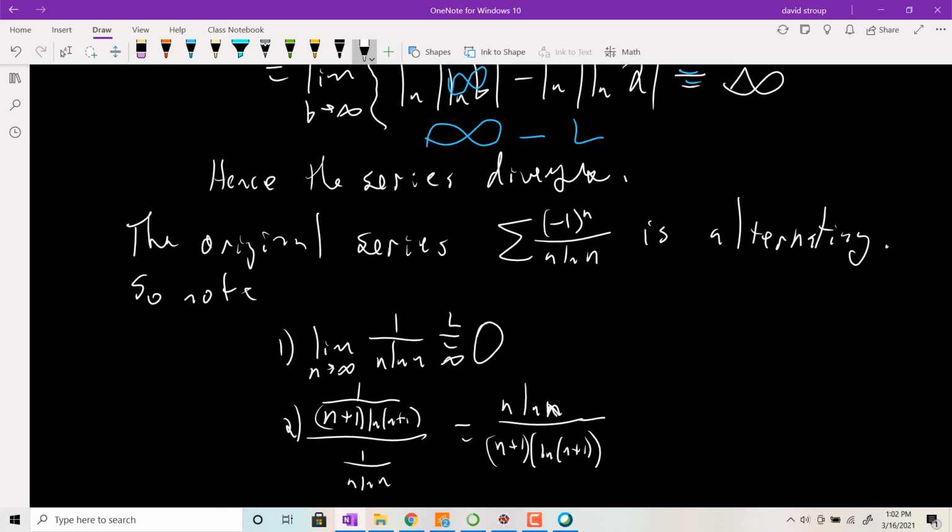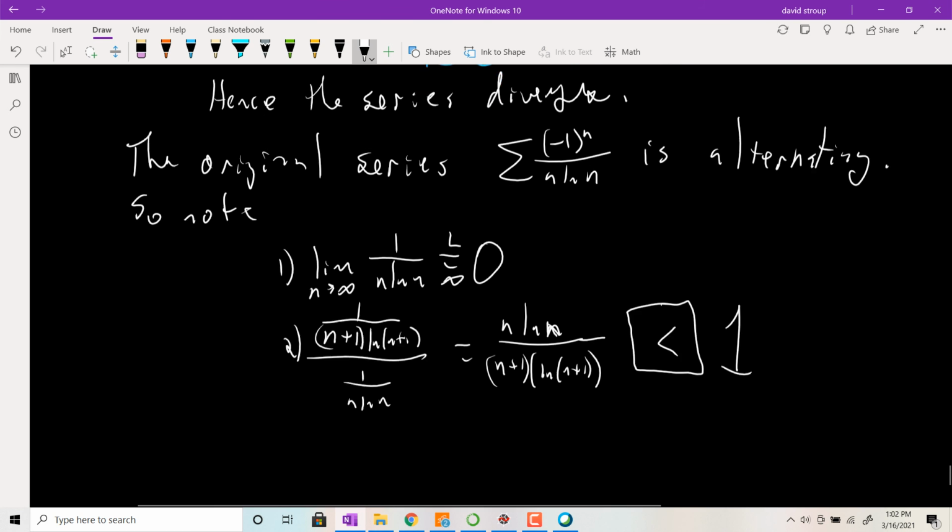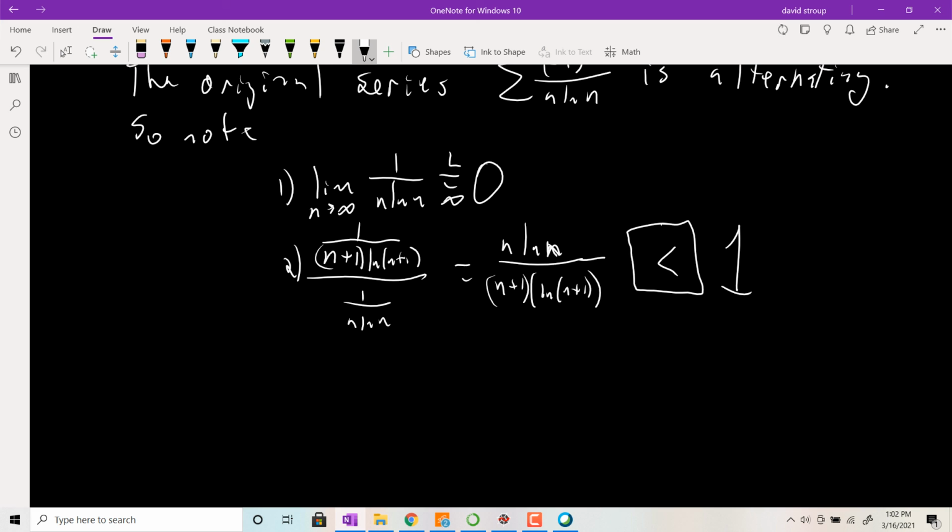Natural log is increasing, so ln of n is going to be less than ln of n plus 1. n is also less than n plus 1, so the thing in the numerator will definitely be less than the thing in the denominator. In other words, that's less than 1. In other words, this thing is convergent.